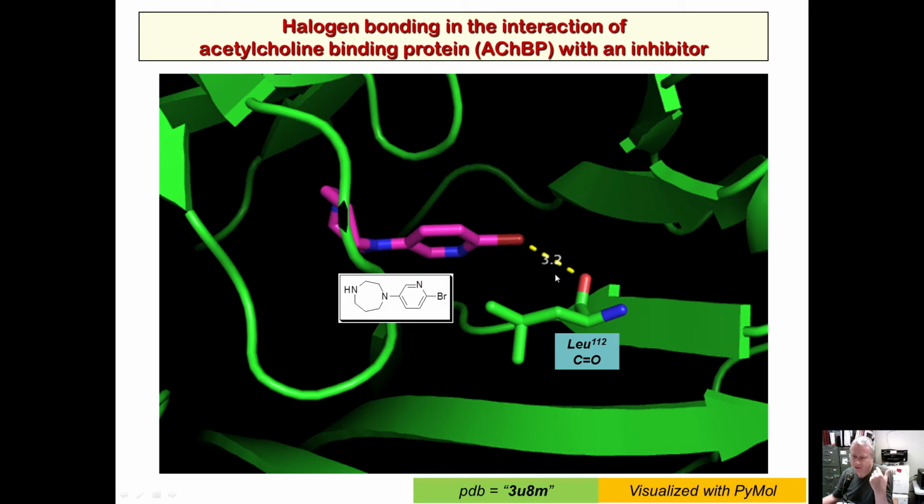About 3.2 angstroms, kind of like a hydrogen bond. Talking to the leucine acetyl bond O. So the halogen bond is acting like a delta positive sort of donor, like a proton almost, and the leucine acetyl bond O is delta negative, and it's kind of talking to the bromide. Okay.